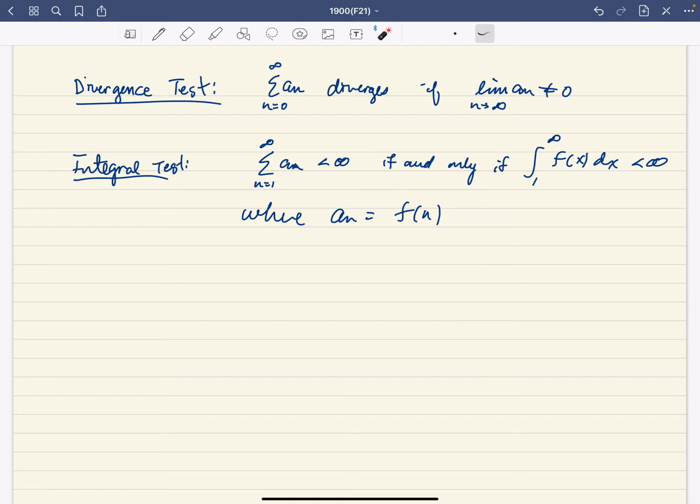So for example, we looked at 1 over n squared and 1 over x squared. That's the integral test.